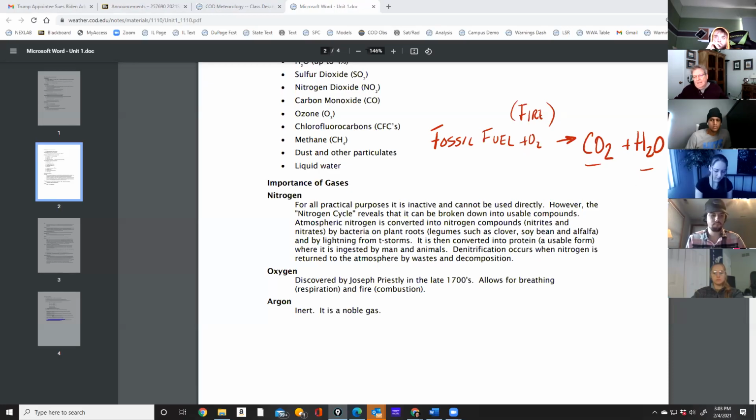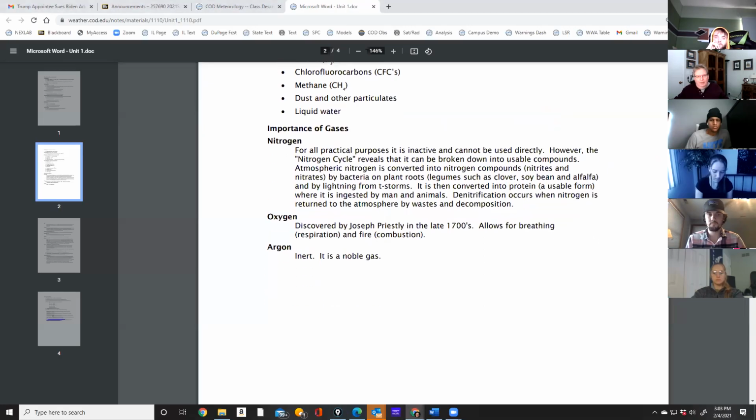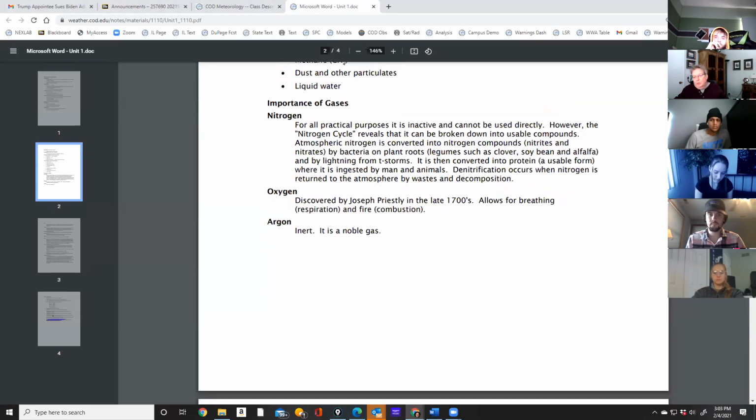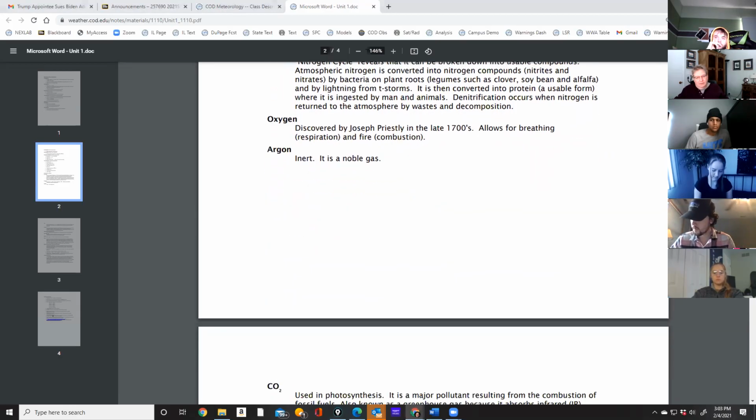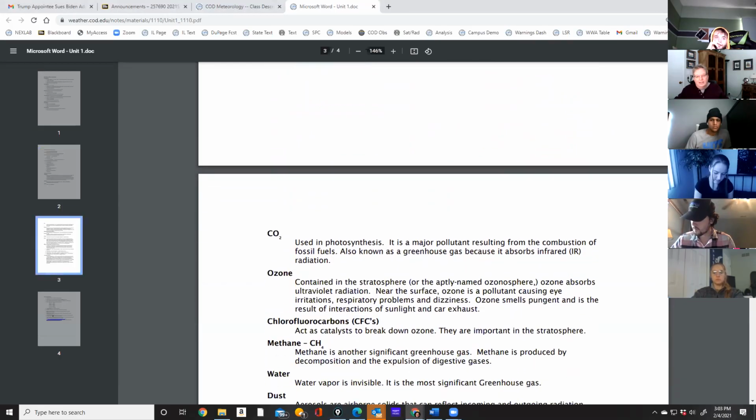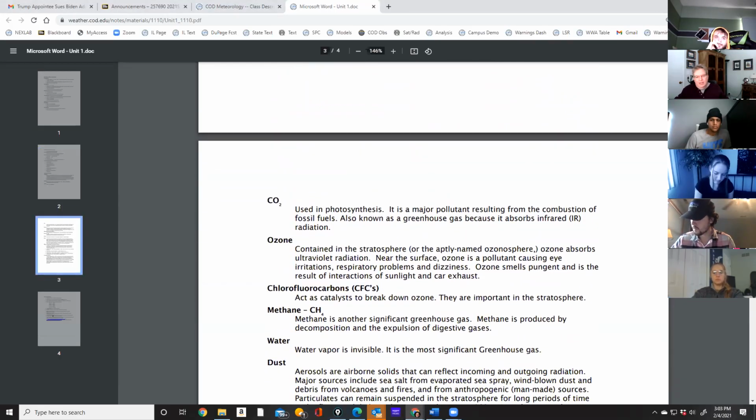Okay? So just going through here, we have nitrogen, we have oxygen, we have argon. Remember, the word is inert, non-reactive, right? Do you know that word, inert? Carbon dioxide is used in photosynthesis, but the other thing that's super important is that it is known as a greenhouse gas.